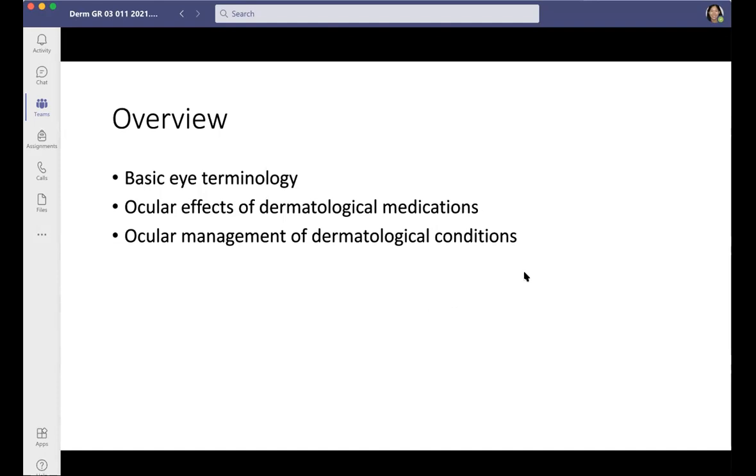Certainly not meant to be a comprehensive talk by any means. There are a lot of different conditions that have both skin and eye manifestations, but we discussed with your chief residents and picked out a few areas that might be of particular interest.